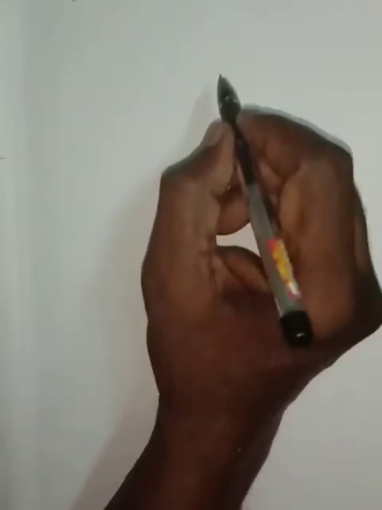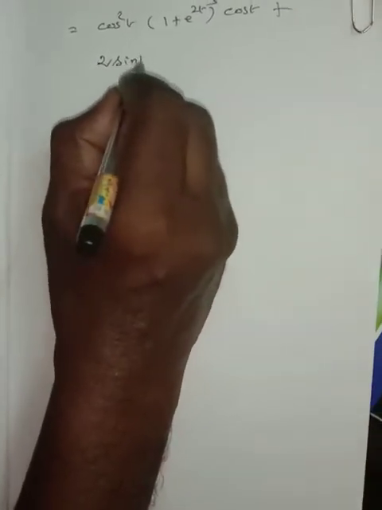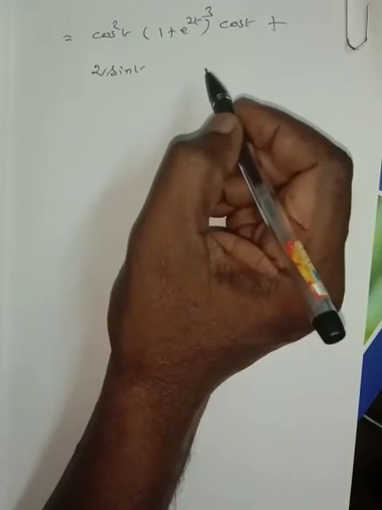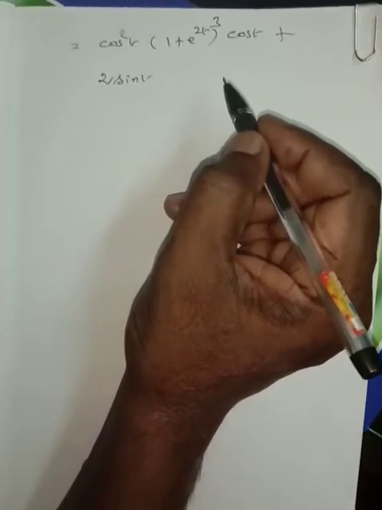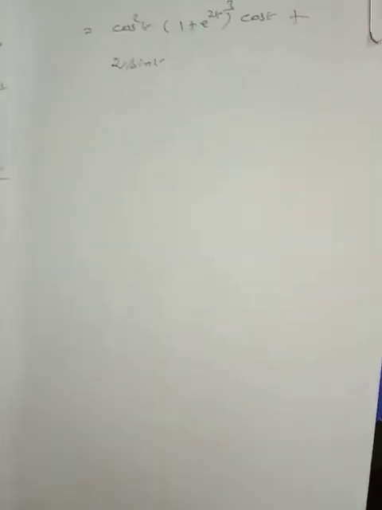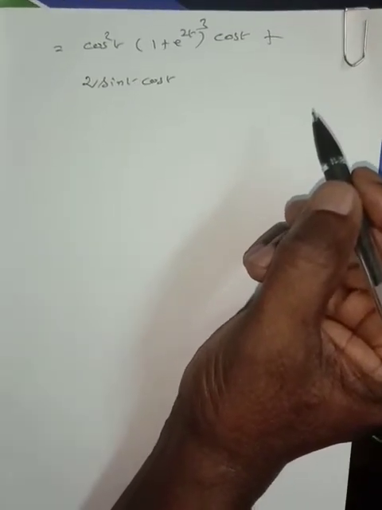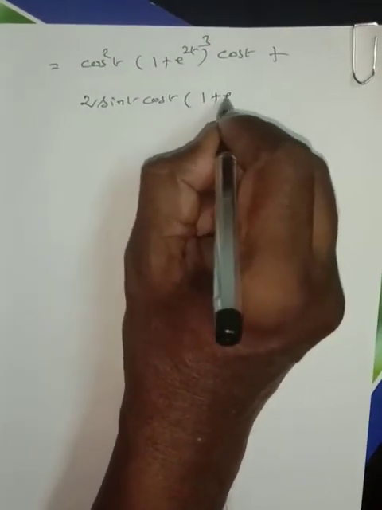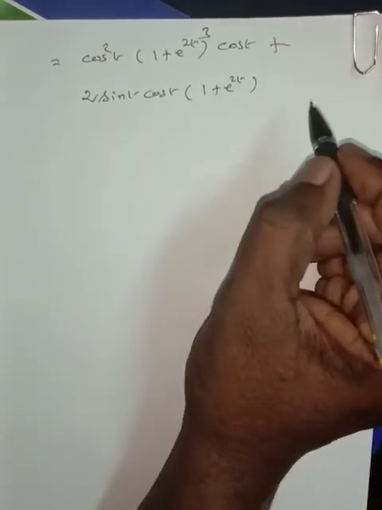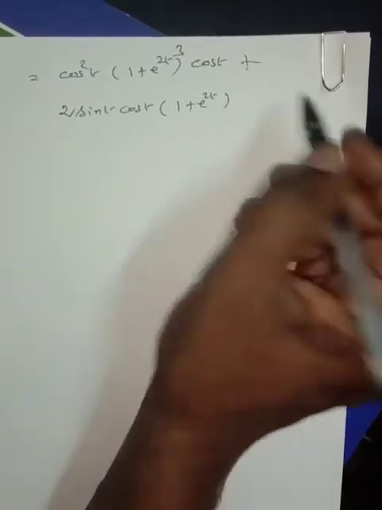Plus second: 2, x is sin t, y is cos t, then z³ is (1 + e^(2t)) whole to the power of 3.